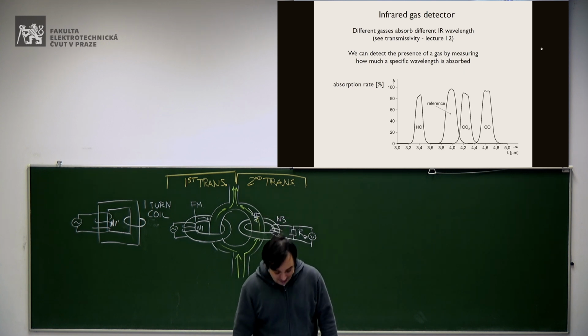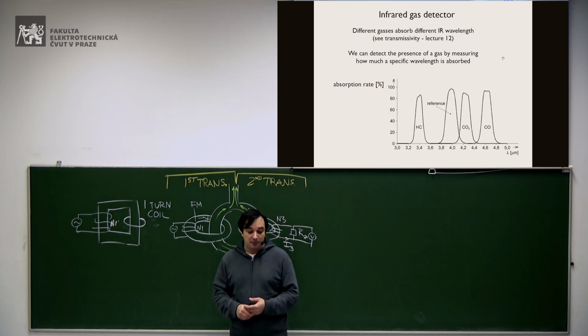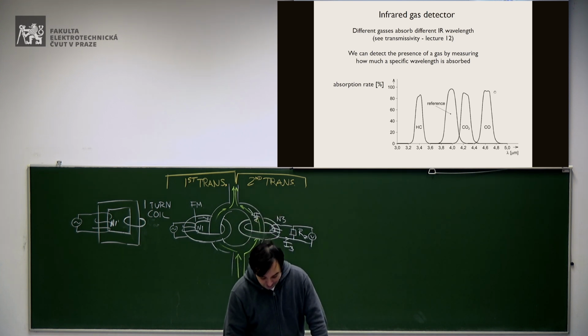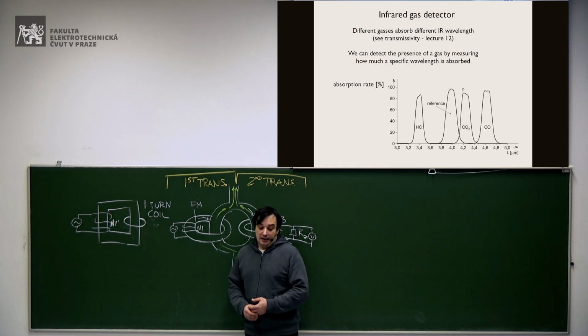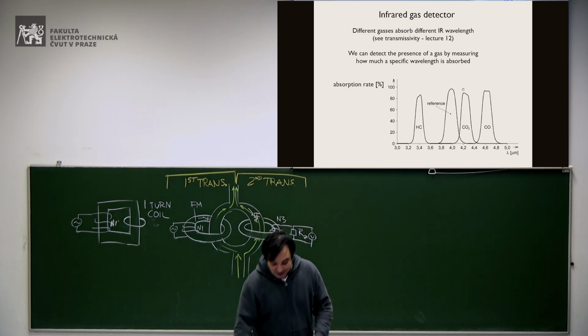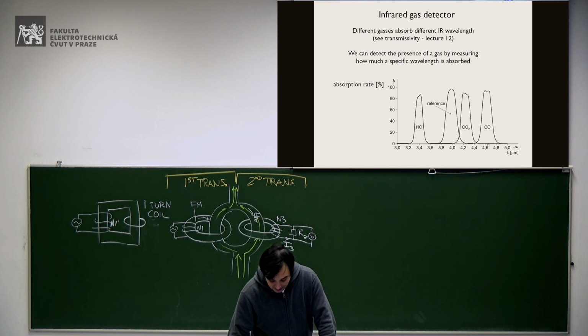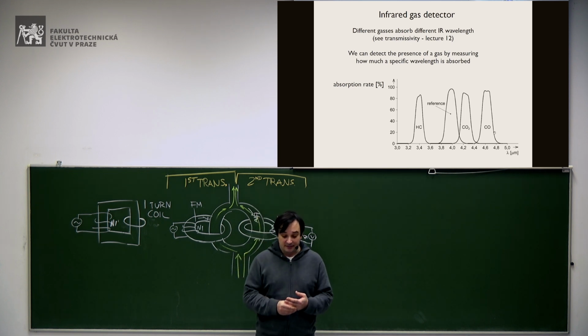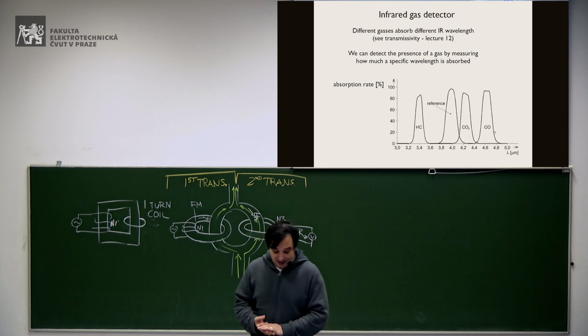Here, for instance, you can see a graph where I plotted the absorption rate for different gases. If you watch CO2, carbon dioxide, at about 4.3 micrometers, you have an absorption rate which arrives almost to 90%. And for carbon monoxide, the wavelength absorbed is about 4.6 micrometers.